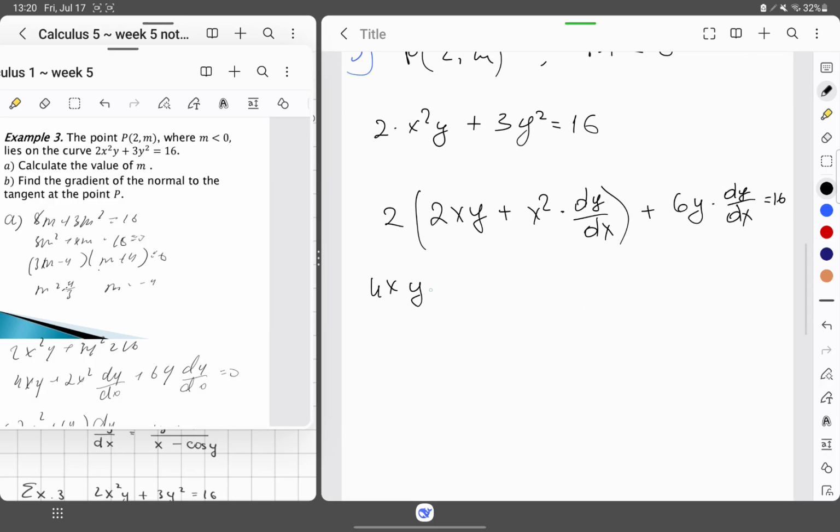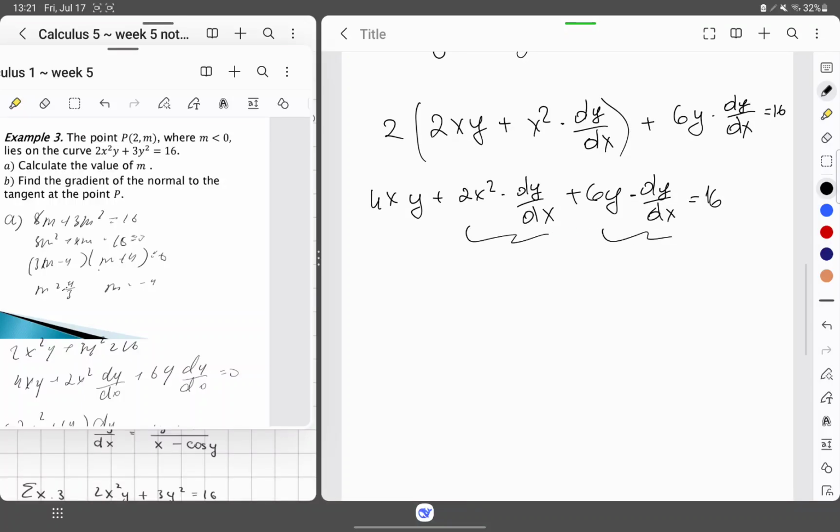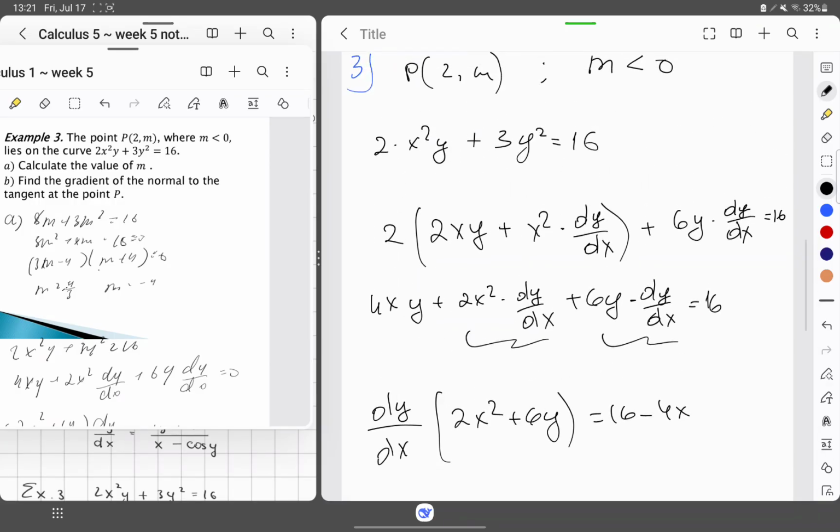So 4xy plus 2x squared times dy over dx plus 6y times dy over dx will be 16. Common factor is dy over dx.